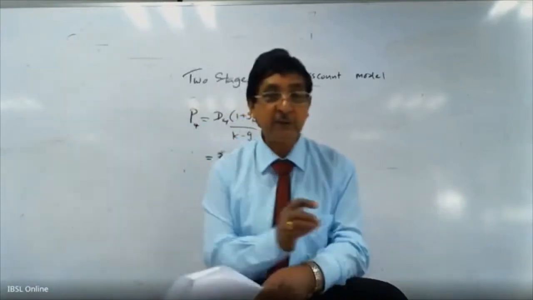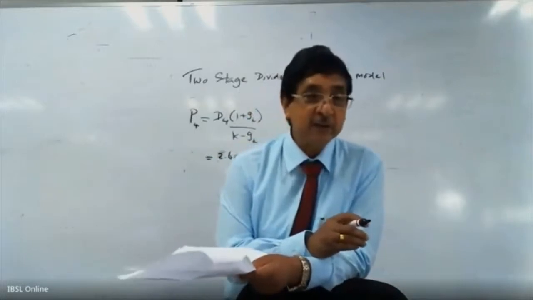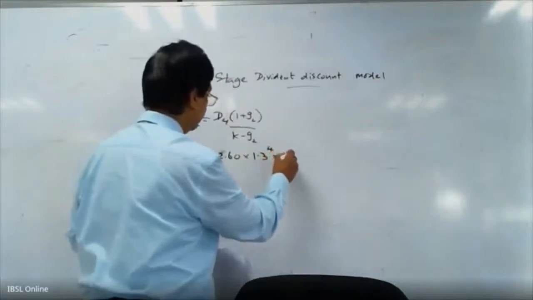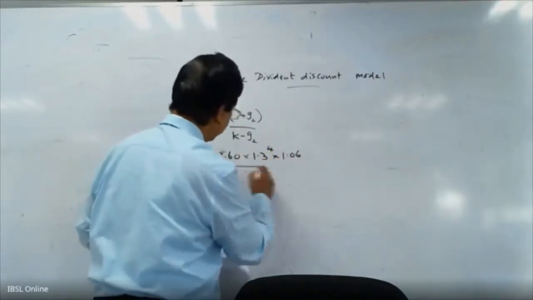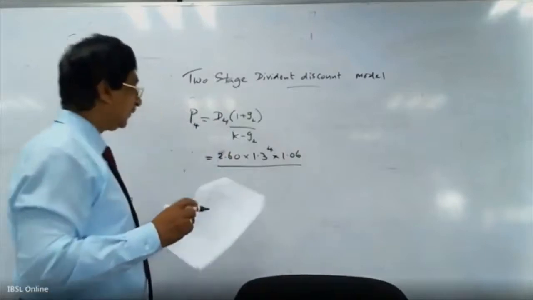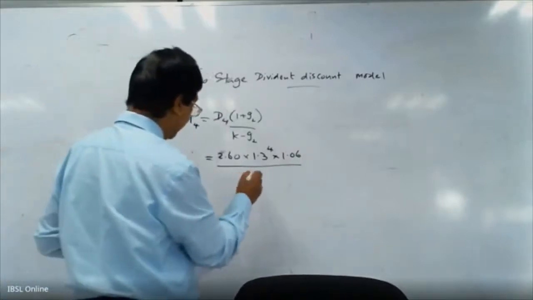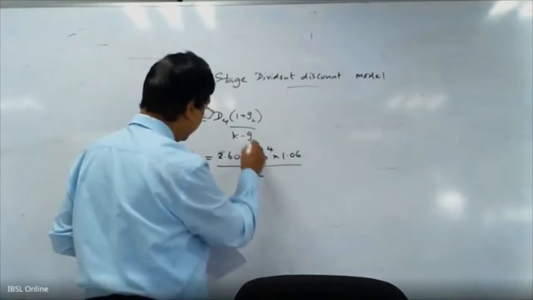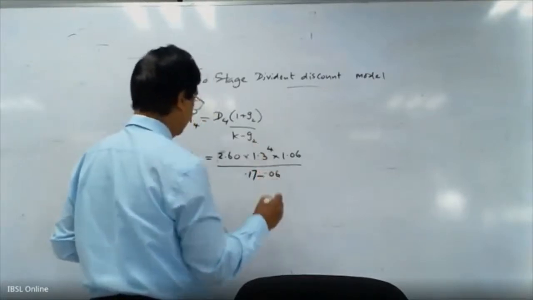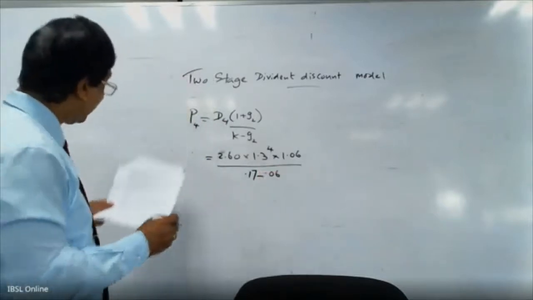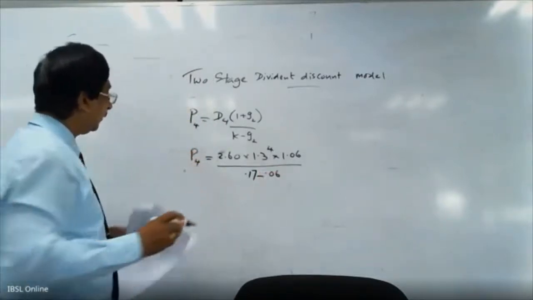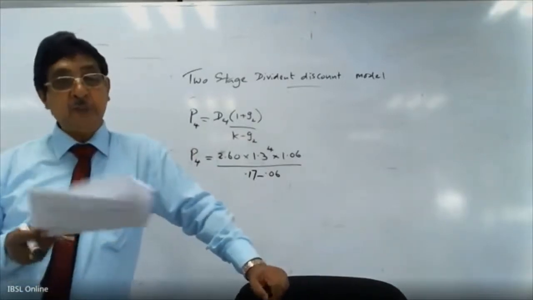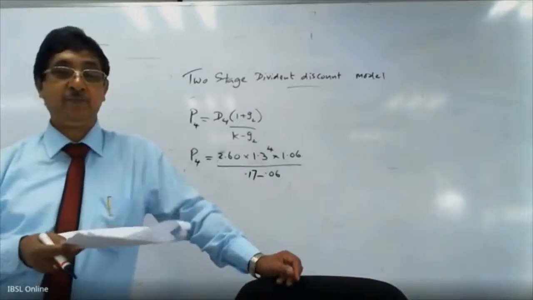Now G2 is 6%, that is 0.06, so it would be 1.06, divided by K minus G2. K is 17%, so that is 0.17 minus G2, which is 0.06. Now this is the price at the end of the fourth period, or fourth year. We assume that it would be sold at this price.